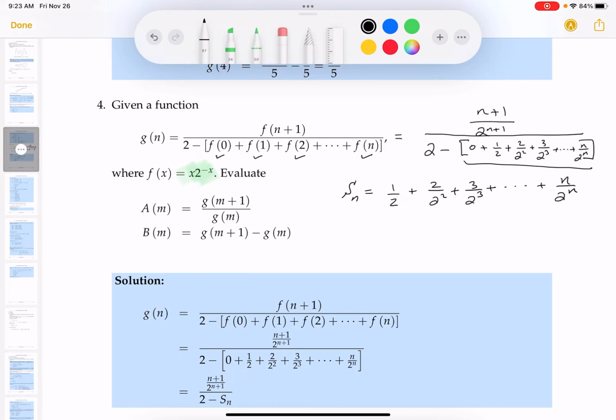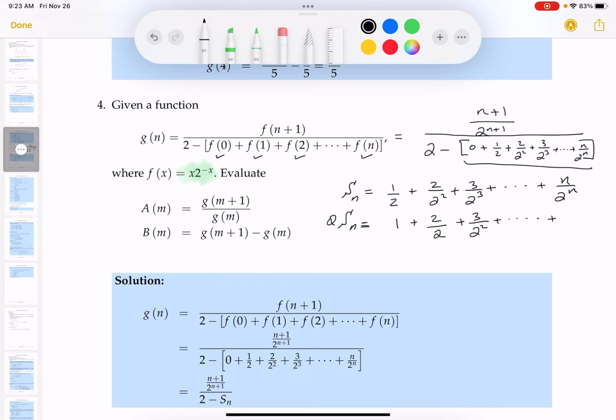And I'm going to multiply, let me see what I'm going to multiply by. I think I can multiply by 2 at first, see what happens. Well, you would get 1, and then you'd get plus 2 over 2, and then you would get 3 over 2 squared plus, I think you get the idea. I'd keep going, right?